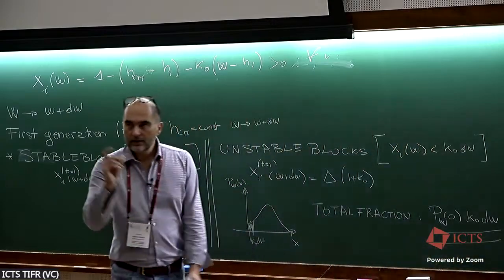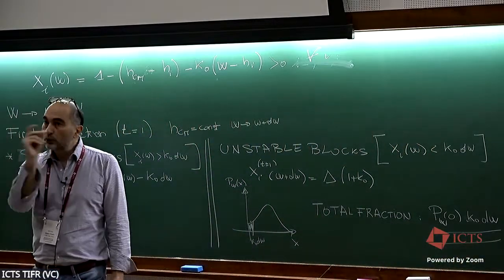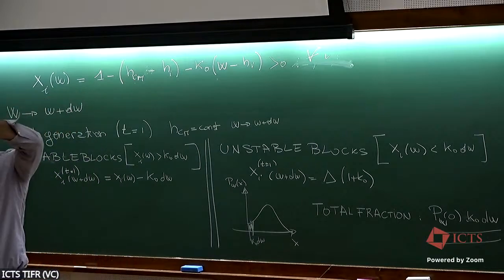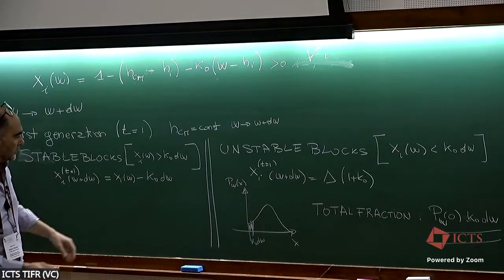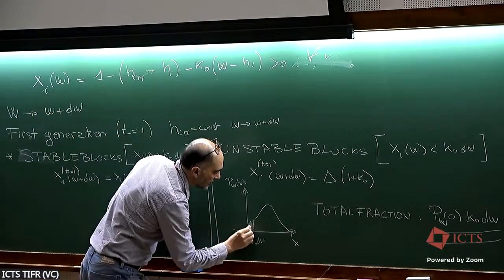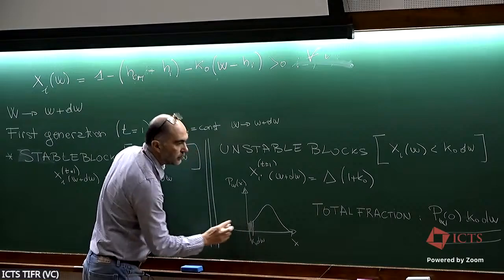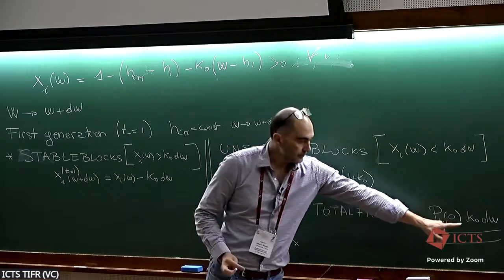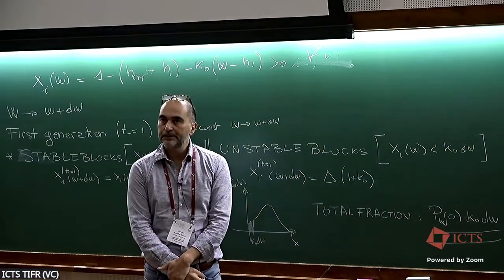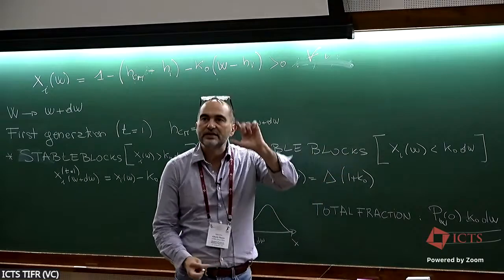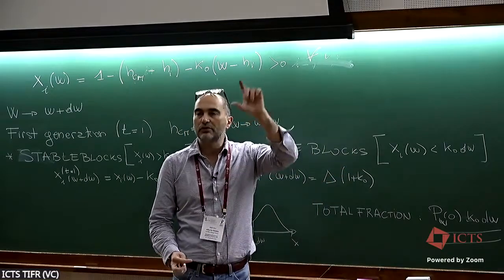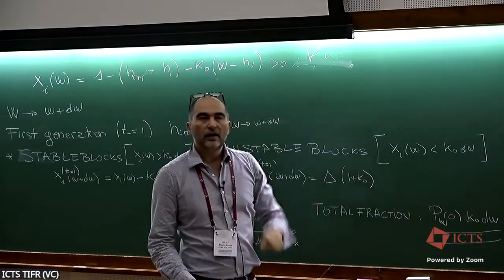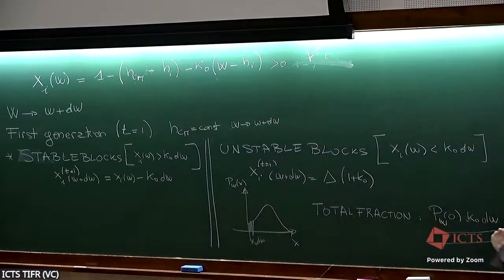okay? Because you are very close to the origin, you can just use the Riemann integration, okay? And so this area, the fraction of unstable sites, are really the ones which are very close to the origin. So you can say this area is just P0, K0 delta W, okay? It will be the integral between 0 and K0 plus delta W of P of X, but because the two are very close, you can approximate with this, okay? So this is the first generation.